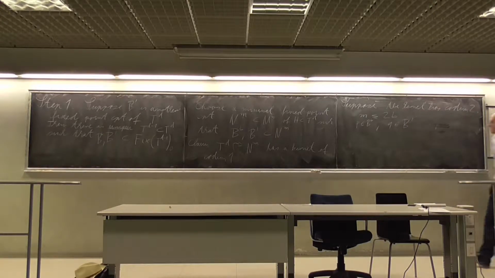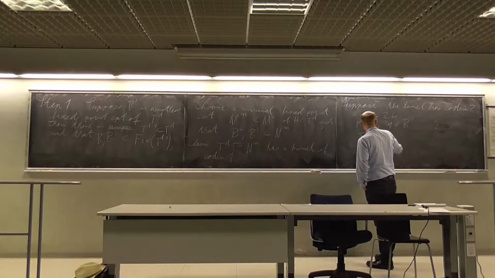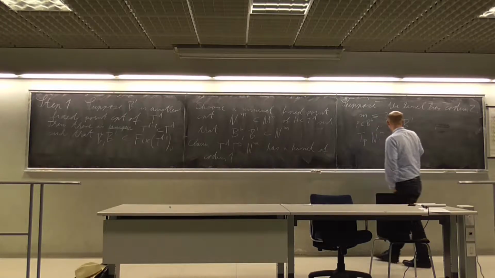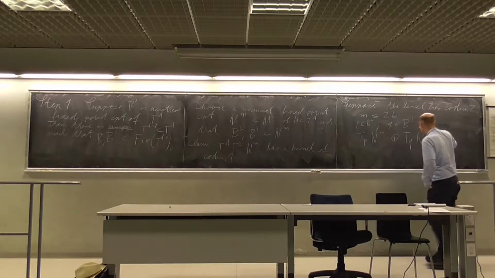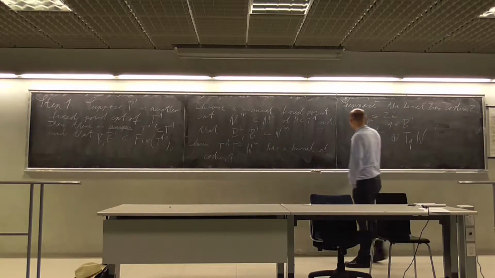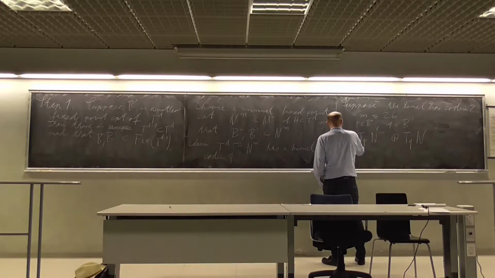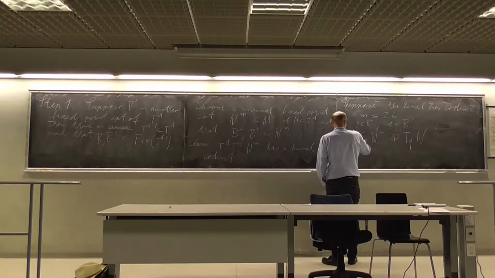Now I look at the representation in the tangent space of M plus the tangent space of the other component, and to be more precise, I intersect with a possible complement of this.